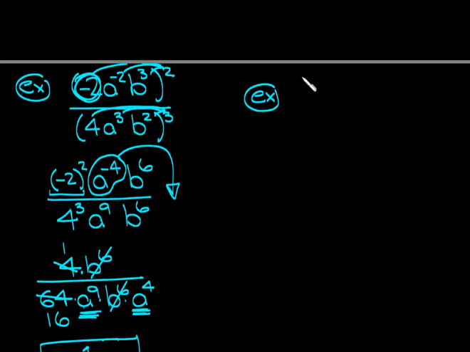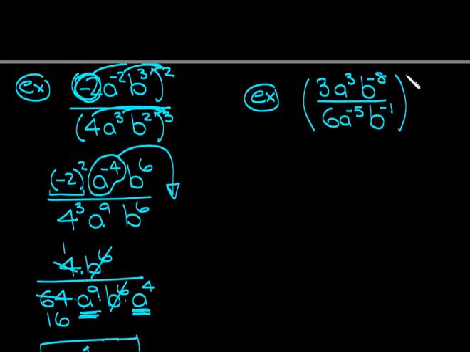So in this case we have 3a cubed b to the negative 8 divided by 6a to the negative 5 b to the negative 1, all to the negative 2.